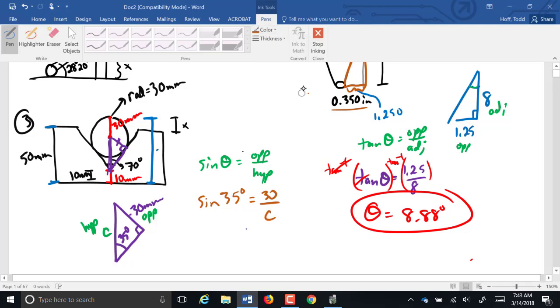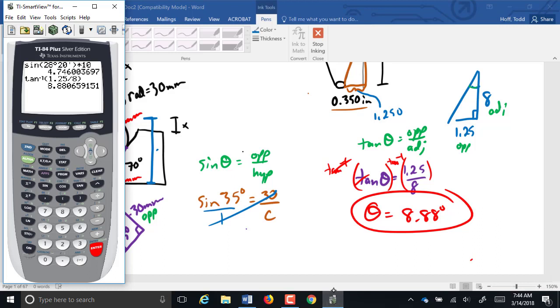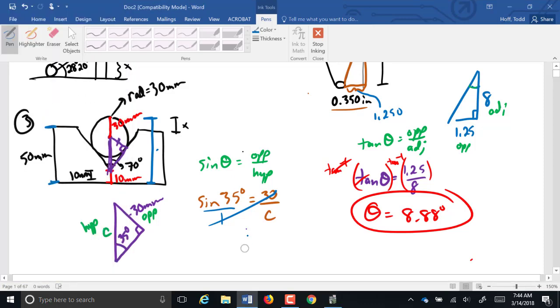Are we looking for a side or an angle? Looking for a side. So I make it a proportion, and we'll cross multiply. 1 times 30 is 30, divided by the sine of 35. 52.30. So that's 52.30 here.